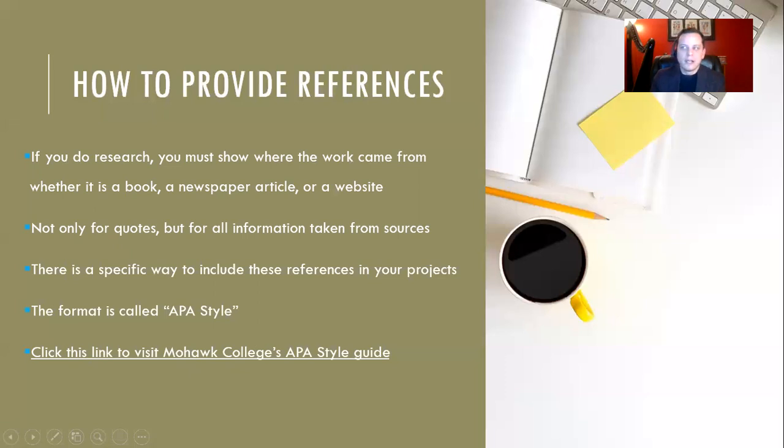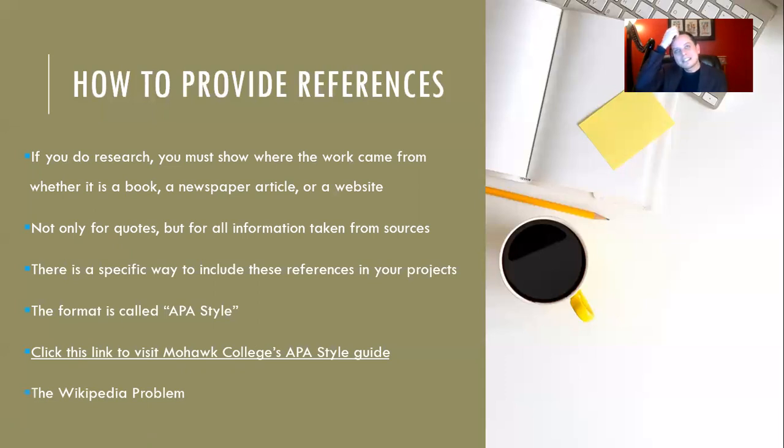Okay. One more thing about references, Wikipedia. Wikipedia, it's not a bad source of information. In fact, it's a wealth of information, and I use it, to be honest with you, all the time. But it doesn't belong in a project.